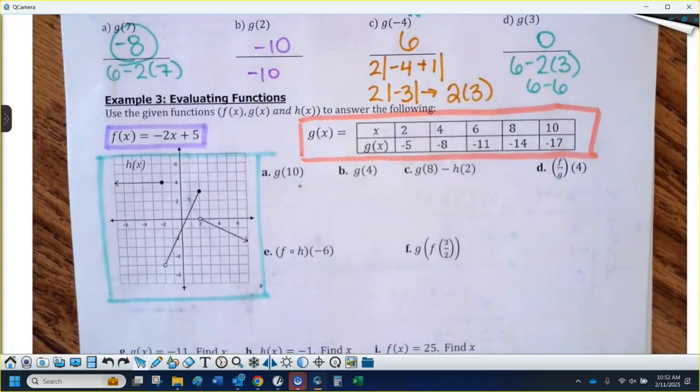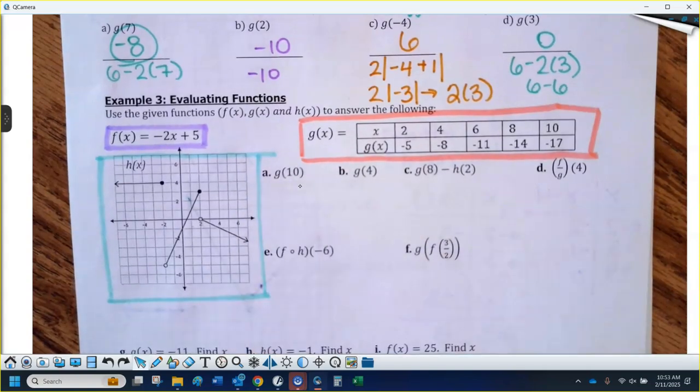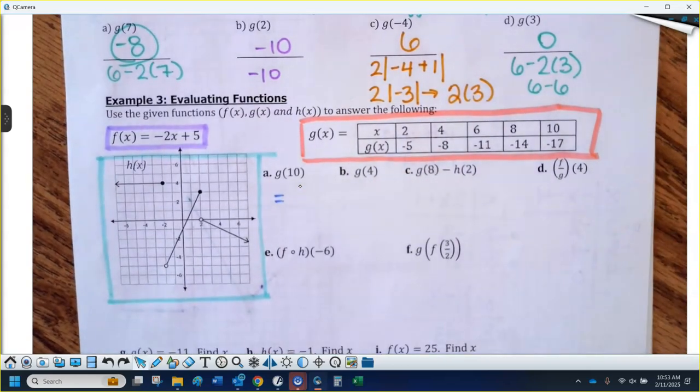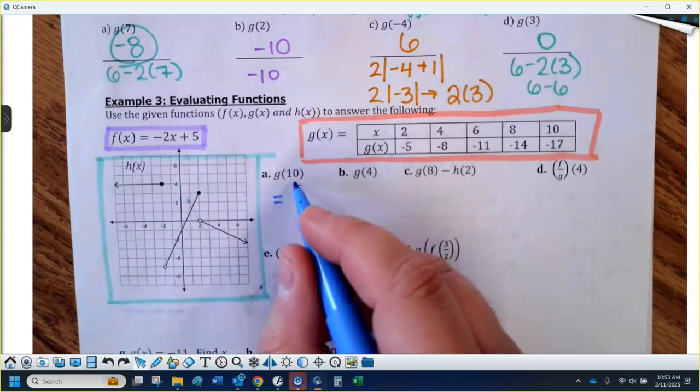All right, so we're going to deal with the table first, because that's g of x. And this says find g of 10. So if you're looking at that lovely table, what would you tell me g of 10 is? Negative 17, exactly. So they're giving you the x value.